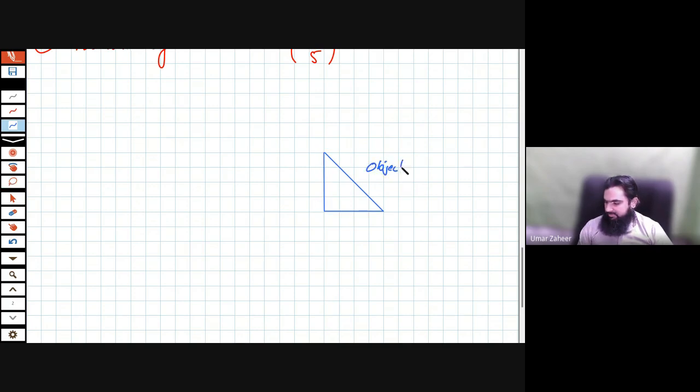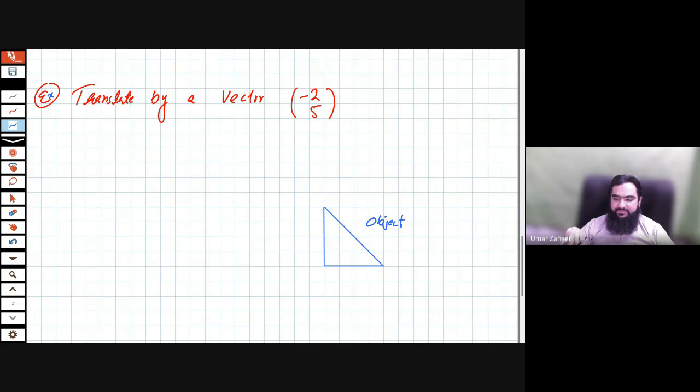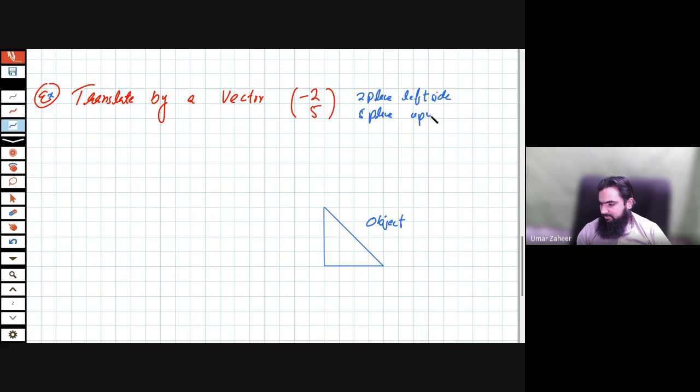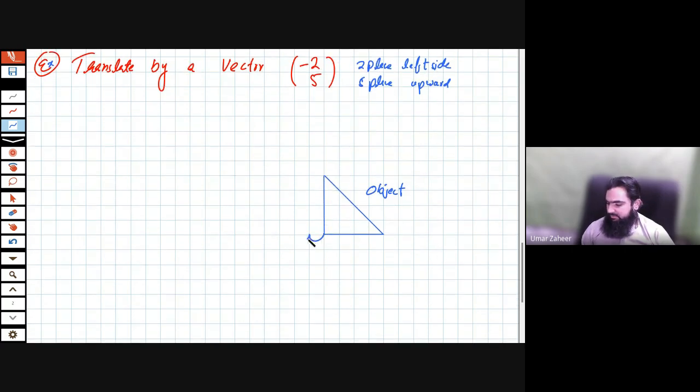This is our object. Minus 2 means we have to move 2 places to the left side and 5 places upward. I'm going to make a square grid, so I'm taking each block as one place. So minus 2, 1, 2. 5 places upward, 1, 2, 3, 4, 5.